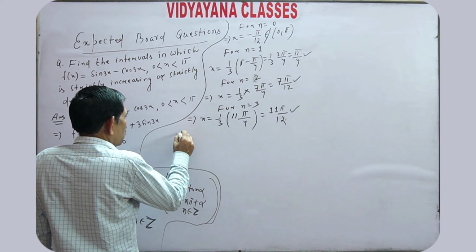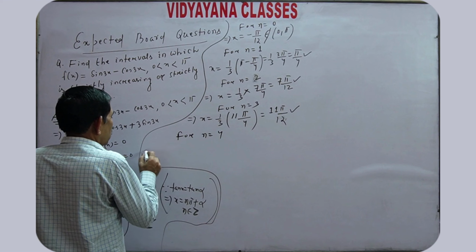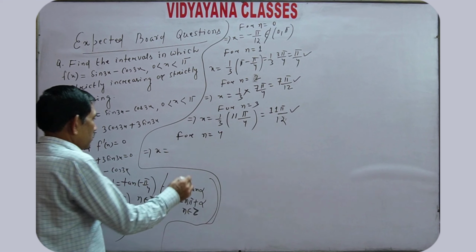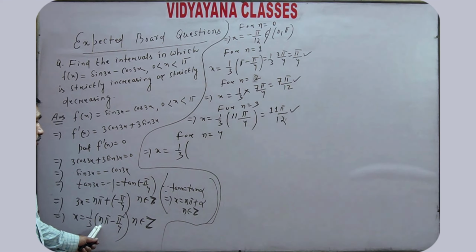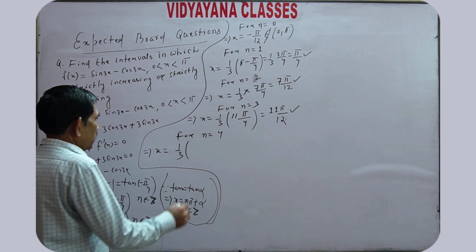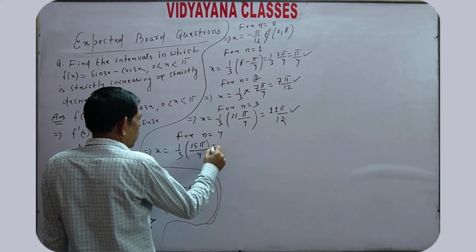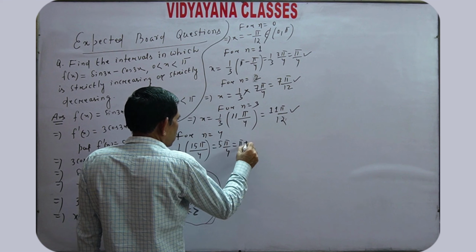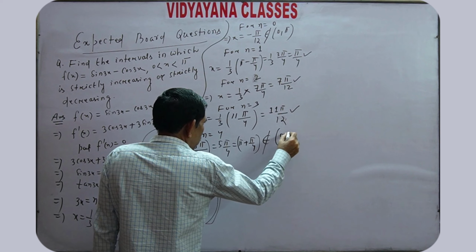For n is equal to 4, x is equal to 1 by 3 of 4 pi minus pi by 4, that is 15 pi by 4 divided by 3, which is equal to 5 pi by 4, which is equal to pi plus pi by 4, and does not belong to 0 to pi.